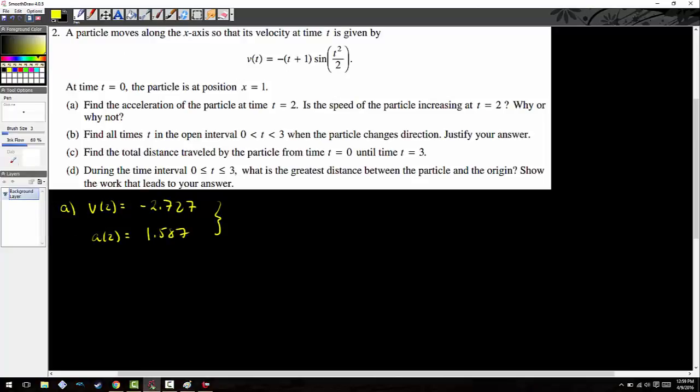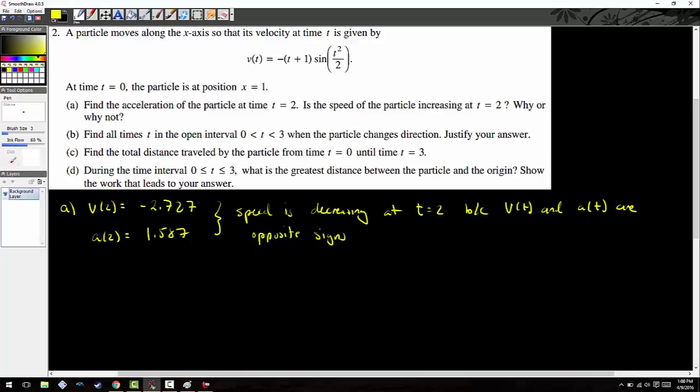I'll go and write that down. 1.587. Now, notice the acceleration and velocity are different signs. So you would then say the speed is decreasing at t equals 2 because velocity and acceleration are opposite signs.